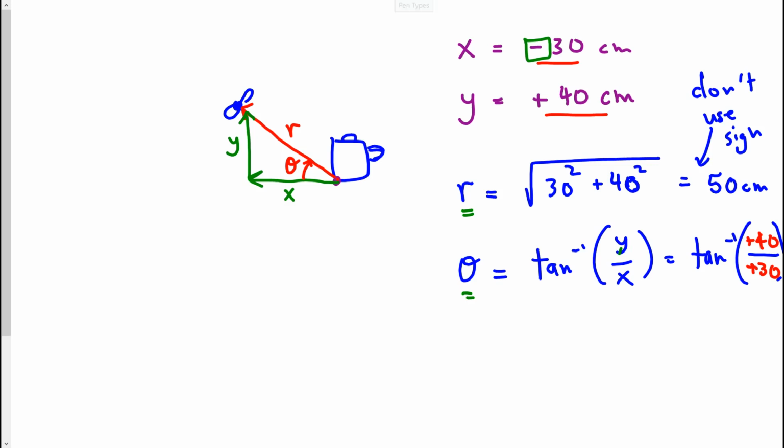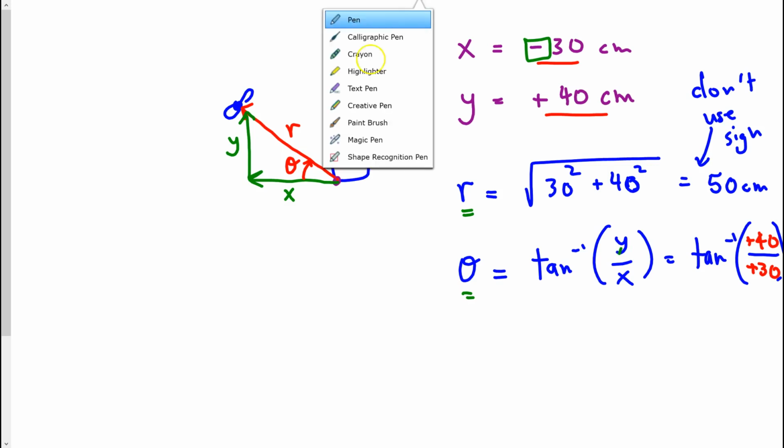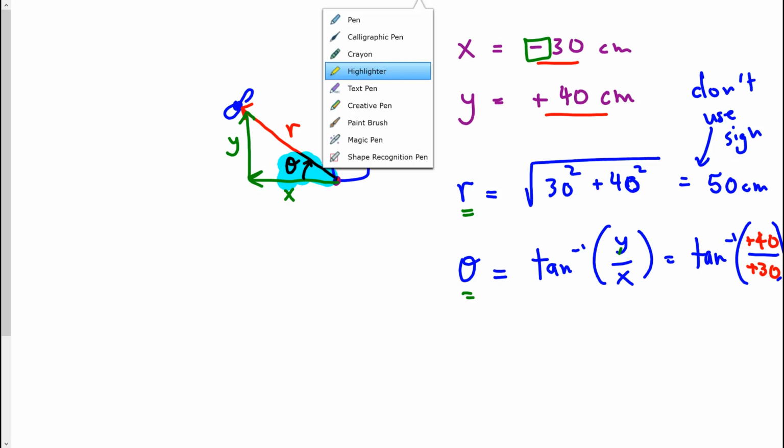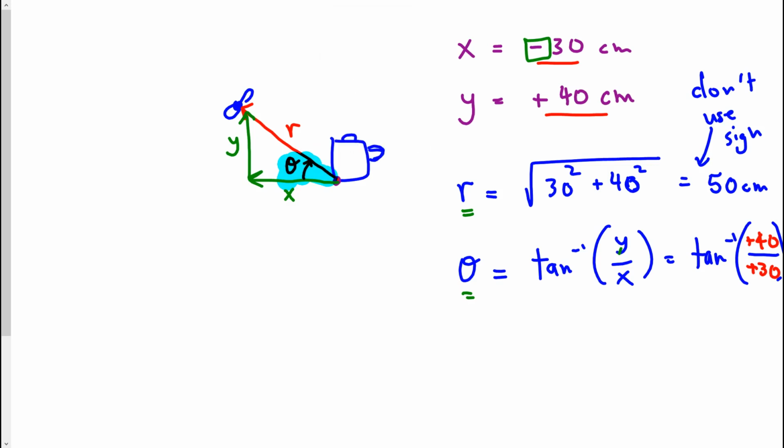Here's the reason why we're doing that. It's because we're being careless. Right now, if I look at my triangle, theta is this value right here in the triangle. And I haven't specified if this is the first quadrant, second quadrant. I haven't stated whether the angle is like this or like this.